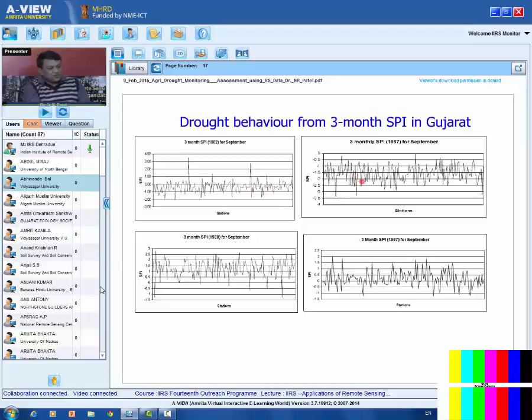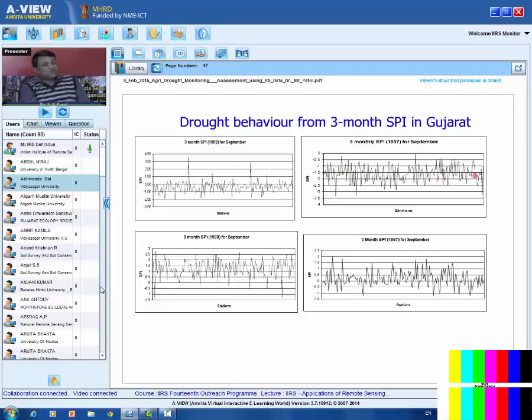But here you can see how negative it is, even going to -2 and beyond. So this particular year, 1987, most of the values are negative and more than -2.